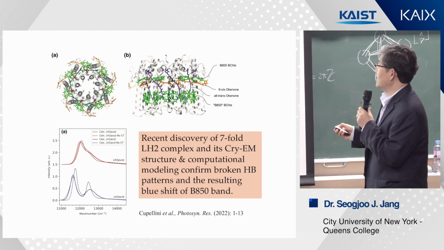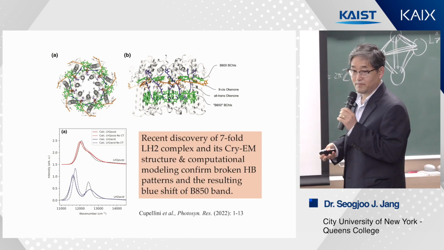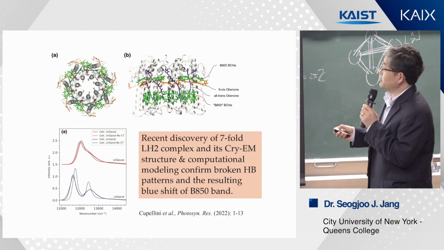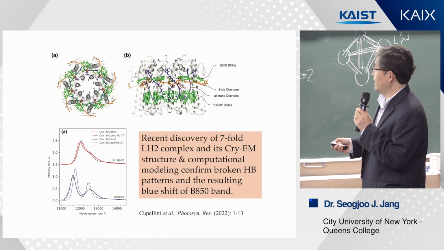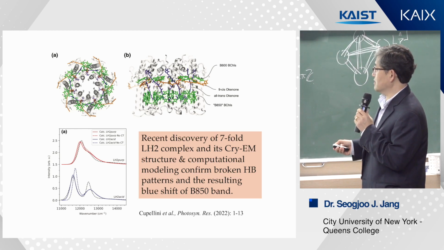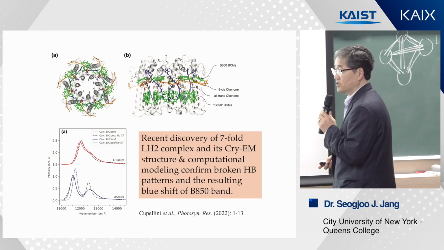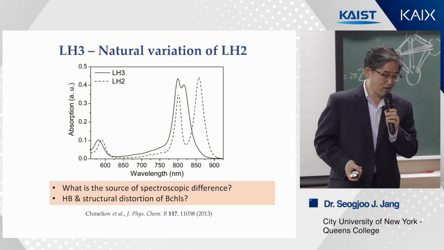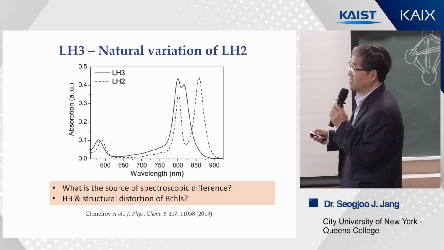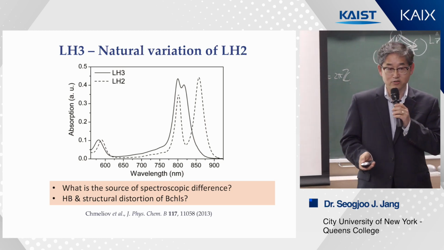Based on cryo-EM structure and computational modeling, they found that the seven-fold symmetry ones definitely show evidence of broken hydrogen bonding patterns and the resulting blue shifts of the B850 band. This was quite exciting for us because, in a sense, this result validated what we calculated many years ago.